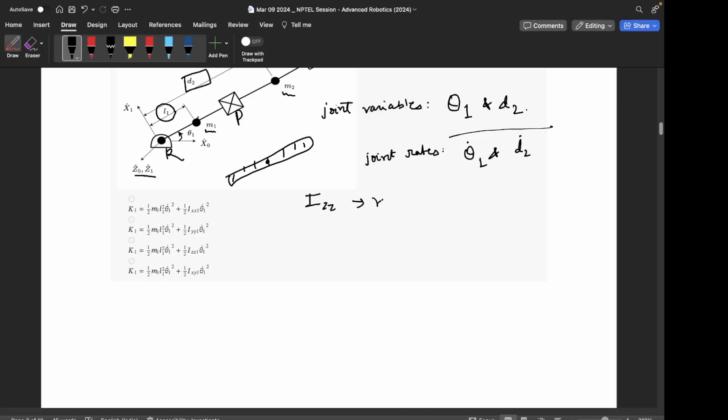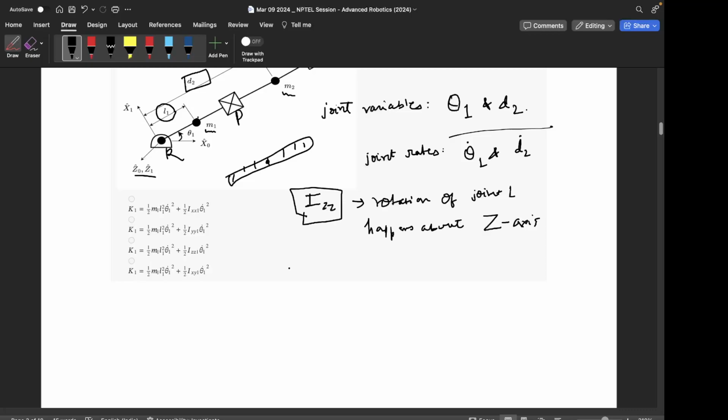Because the rotation of joint 1 happens about the z axis, right? So since z is the axis of rotation, the only inertia that we are concerned about is izz.